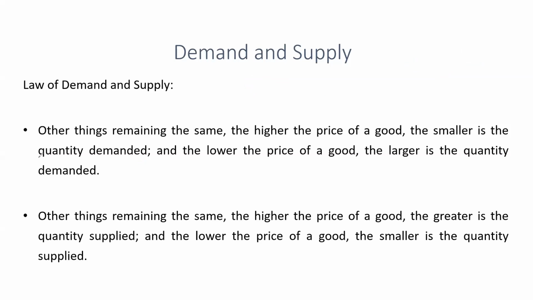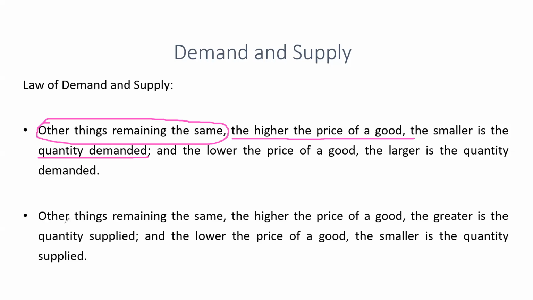So always remember, in the definition, it is quantity demanded, and the other important part is other things remaining the same. So other things have to remain constant, they should not change. And then if the price increases, the quantity demanded decreases and vice versa. Now, the same could be said for supply, but it is a direct relation.